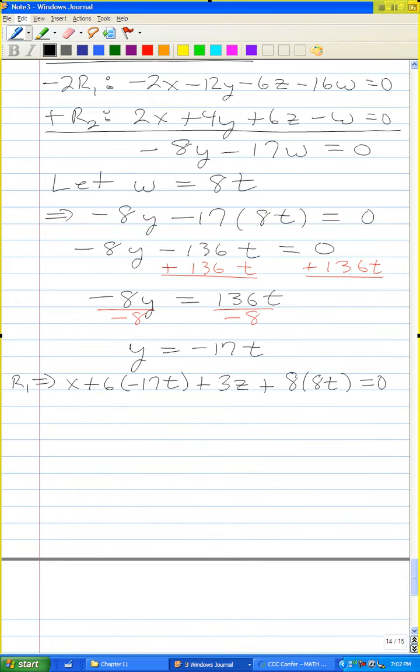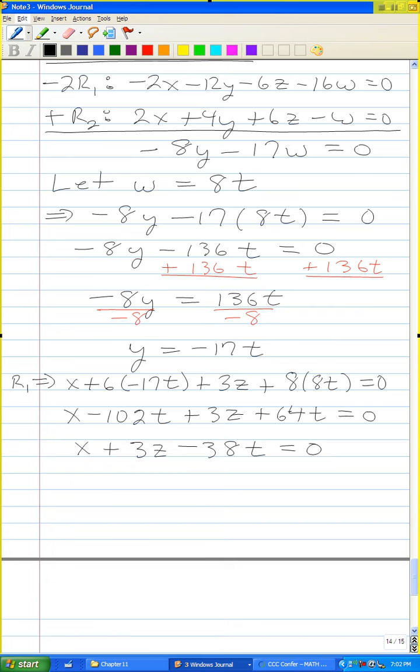And so I have here x minus 102t plus 3z plus 64t equals 0. And so I have x plus 3z minus 38t is 0.